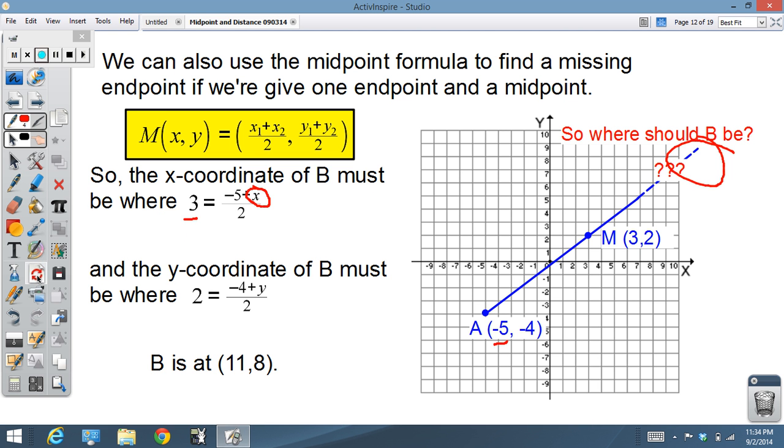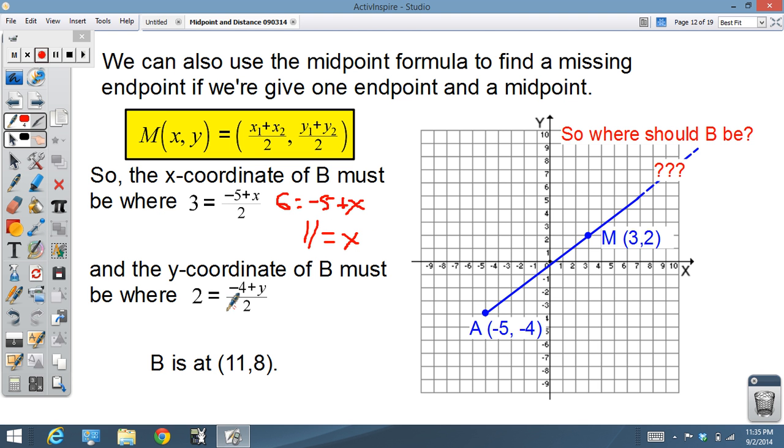Multiplying both sides by 2, we get 6 equals -5 plus x. And then adding 5 to both sides, we get 11 equals x.